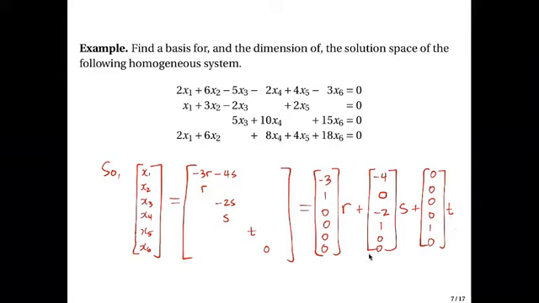So basically, this is already of the form of a spanning set. And therefore, these three vectors will actually be the elements of the basis for the solution space here.